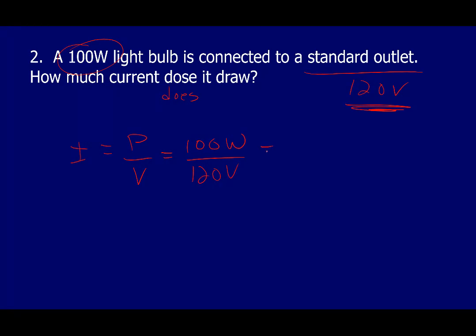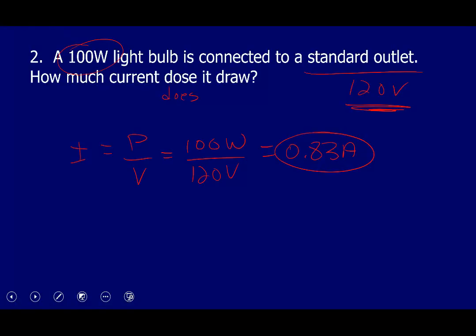Over 120 volts. 100 divided by 120, 0.83 amps of current. I think you'll find this is a lot easier to play around with than solving circuits from last week.